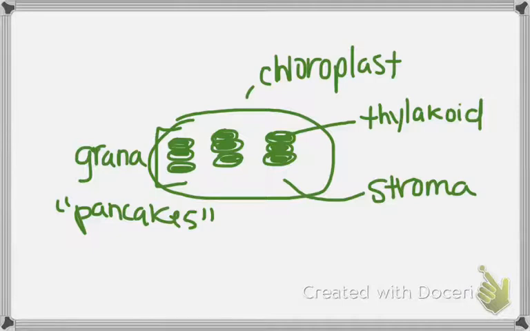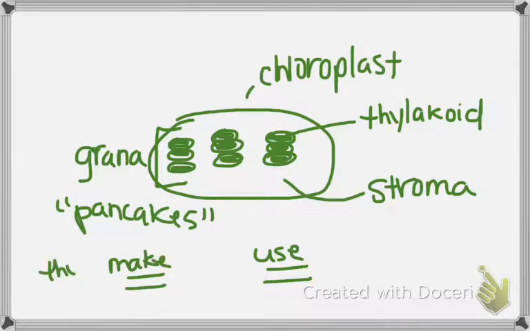For some reason, pancakes always fit as a good example. And then stroma, please highlight, it's the watery space surrounding the thylakoids. Highlight that number 1. It's the site of the light-independent reaction, or Calvin cycle. Its primary purpose is to use ATP. So underline use twice. Under thylakoid, where it says make ATP, go ahead and underline make twice.